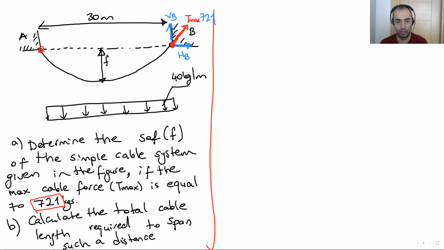We know this horizontal HB is asking for F. The first question is asking for F. Remember, T0 equals Q L squared over 8F.